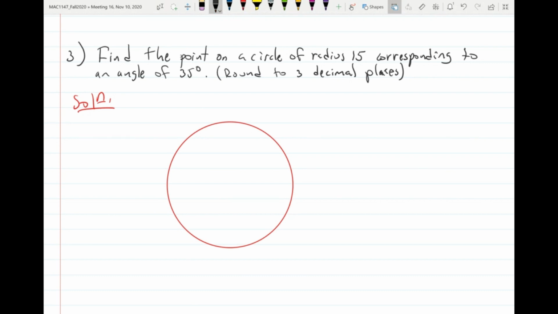And let's put our x and y. So here is x, here is y, and then this is going to be radius 15. So that's 15, 15, negative 15, negative 15.